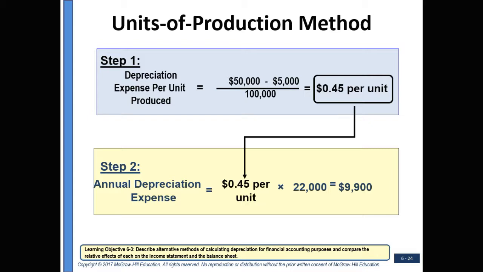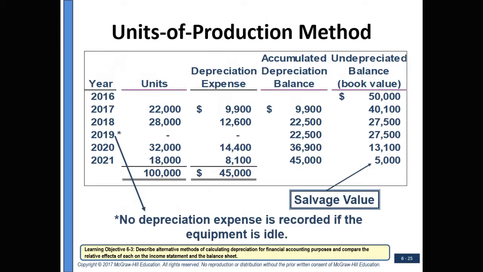We would maintain a depreciation schedule for units of production method. In the units of production depreciation schedule, the number of units produced each year is in the first column. The annual depreciation expense, the accumulated depreciation balance, and the net book value are the following columns.